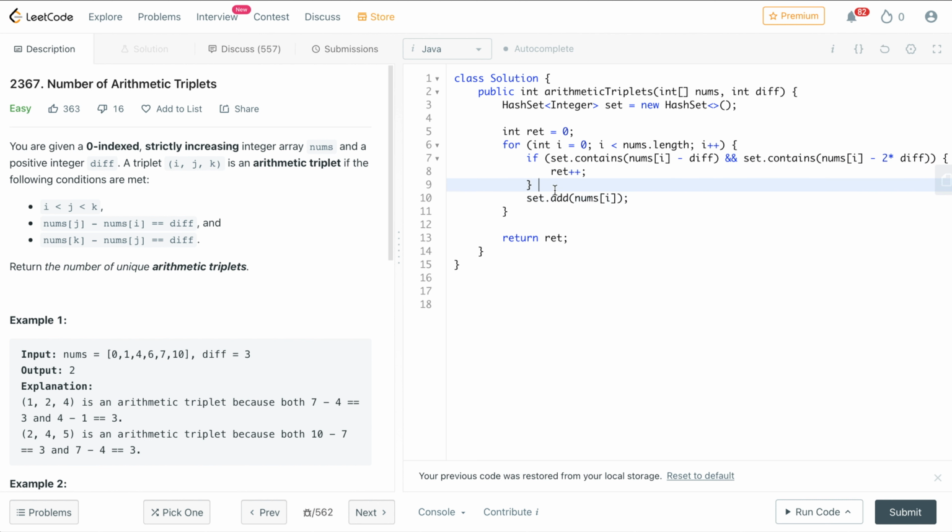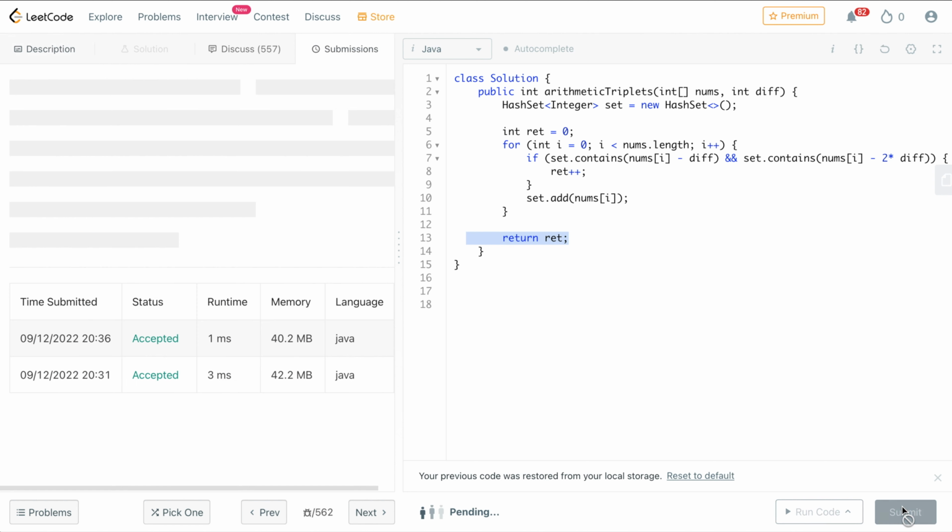And the last step, just so we can build future arithmetic values with our current value, is to add the current value to our hash set, and that's it. The for loop is pretty simple, and it follows this logic for every single number. At the end of the for loop, we have our return value, with all the arithmetic triplets in our array.